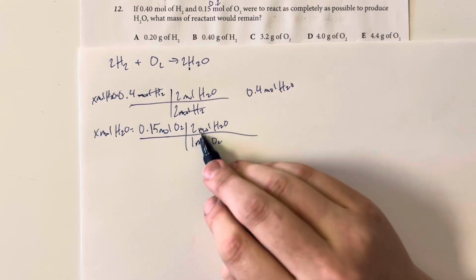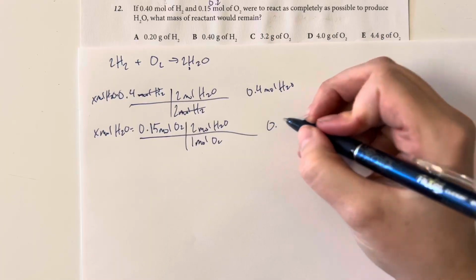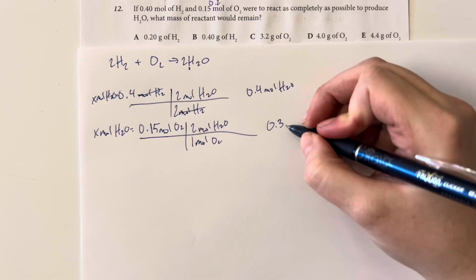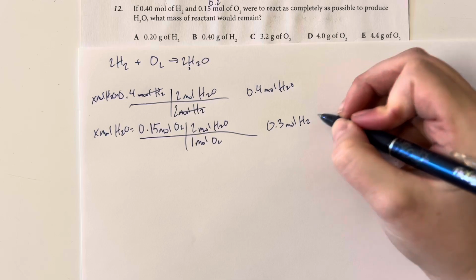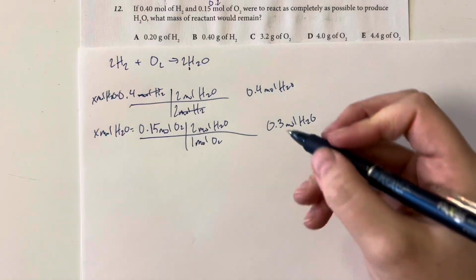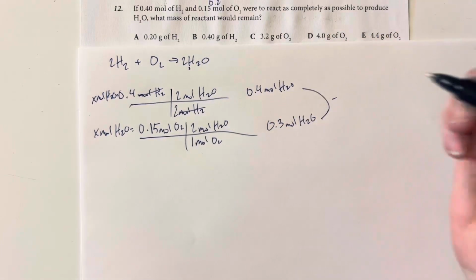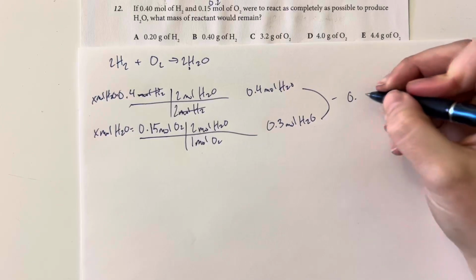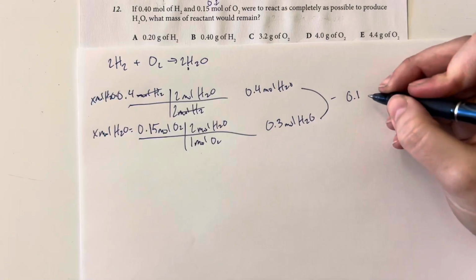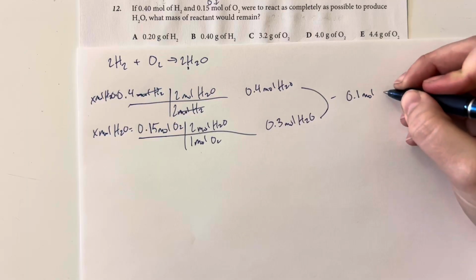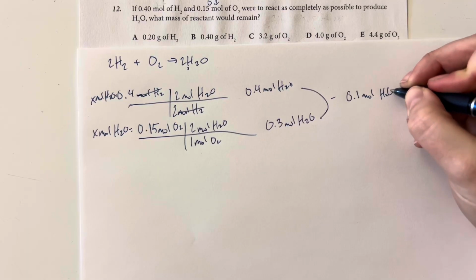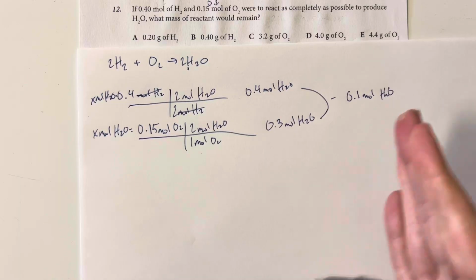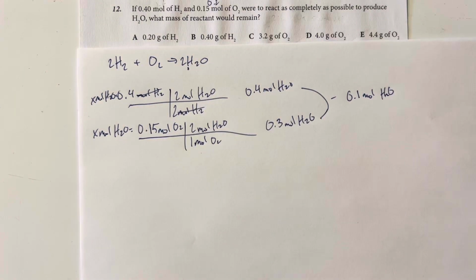So 0.15 times 2 divided by 1 gives me 0.3 moles of water that would be produced. The difference here is going to be how much I was not able to produce. So 0.1 moles of water worth of hydrogen is not used.